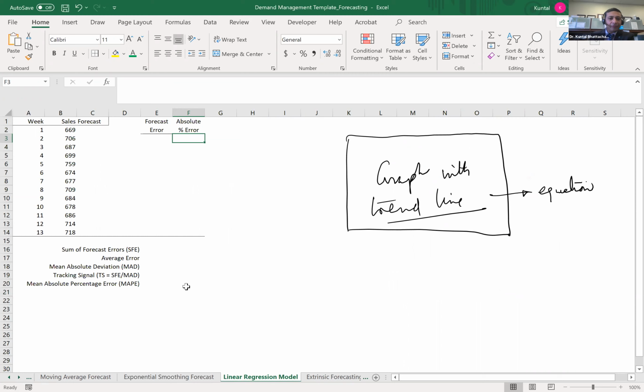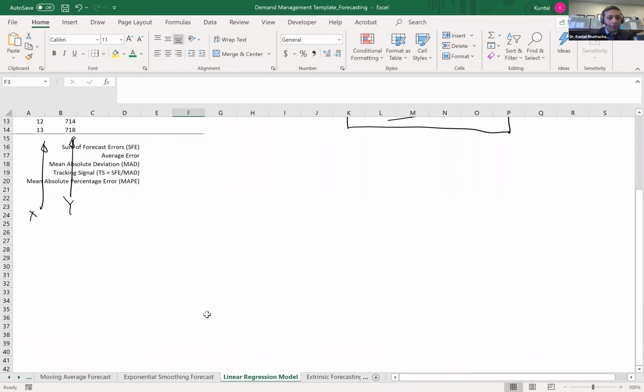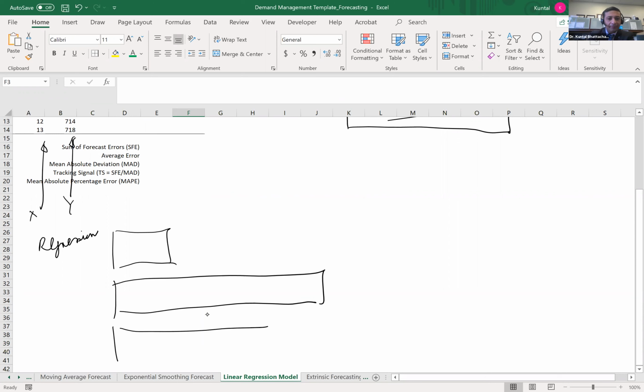And then what you want to do is, using the sales forecast as your y variable and the weeks or time as your x, I want you to do your regression from data analysis so that you can get those three outputs again, the one that shows explainability, ANOVA, and your regression coefficients.